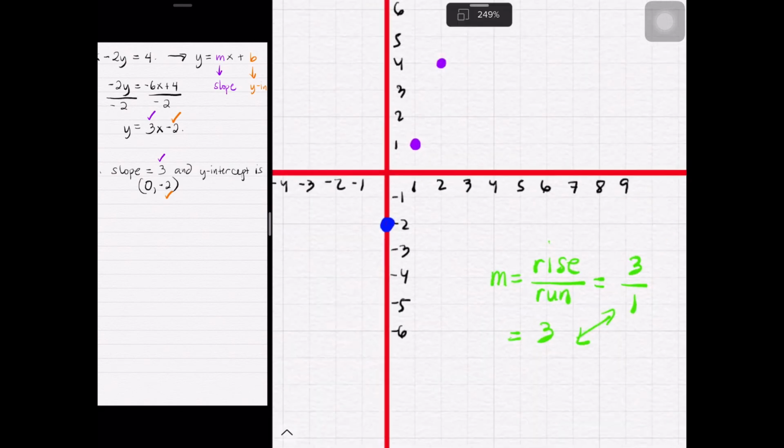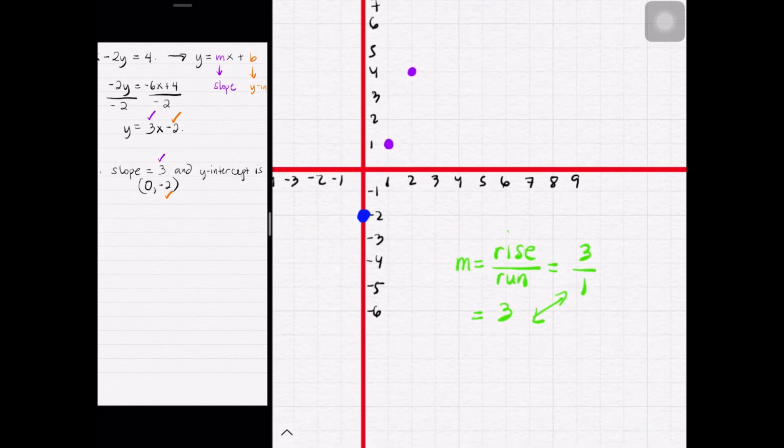In the context of slope, when we have a slope of positive 3, knowing that positive 3 can be written as negative 3 divided by negative 1, instead of us moving upwards, this time we will move 3 units downwards, and instead of moving 1 unit to the right, we are to move 1 unit to the left. There you go.